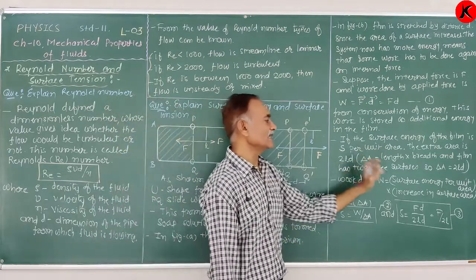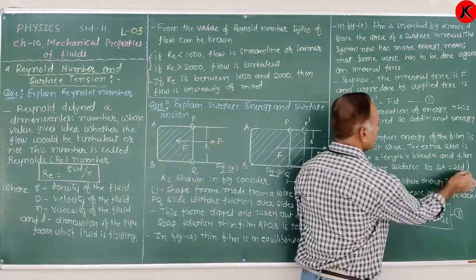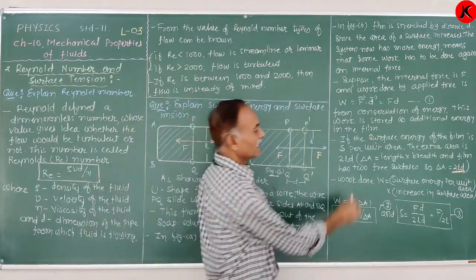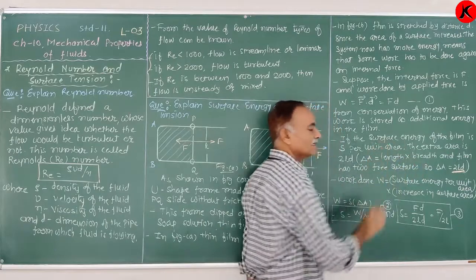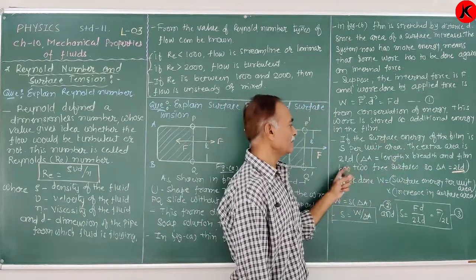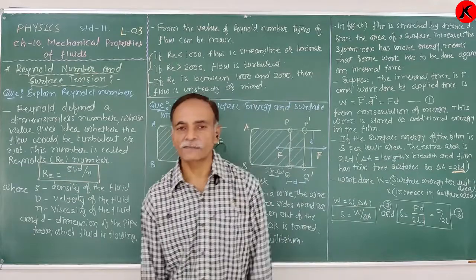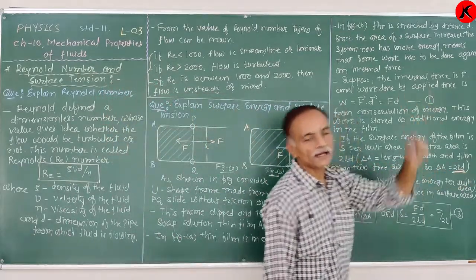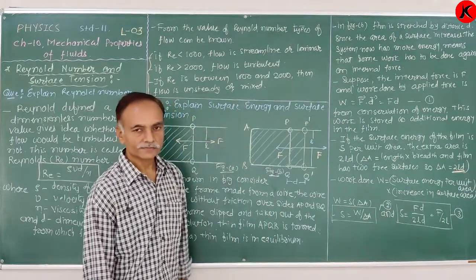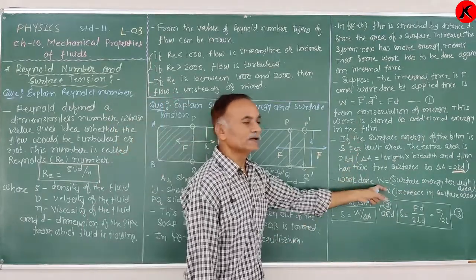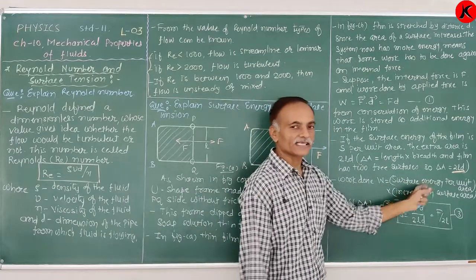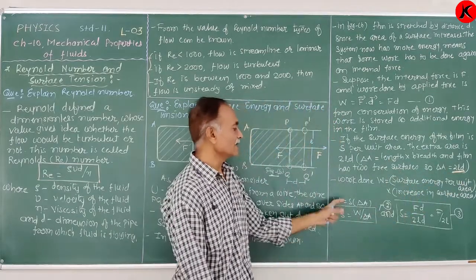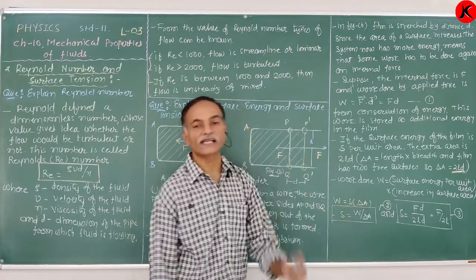Therefore, the increase in area delta A is equal to length into width, and since the film has two free surfaces, delta A is equal to 2Ld. Therefore, work done W is equal to surface energy per unit area into the increase in surface area. Therefore, W is equal to S into delta A.